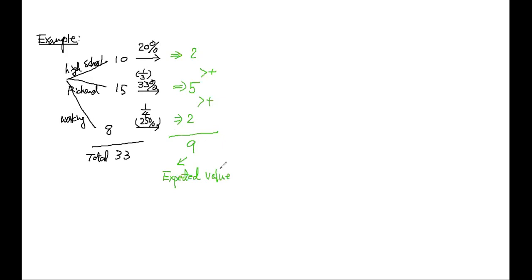You invite 33, but each person has a different probability of coming or not, so you expect 9 people. Of course, not exactly 9 people will come to your party. Probably we'll have 12, or probably 8, so it's going to vary around that, but you expect 9.